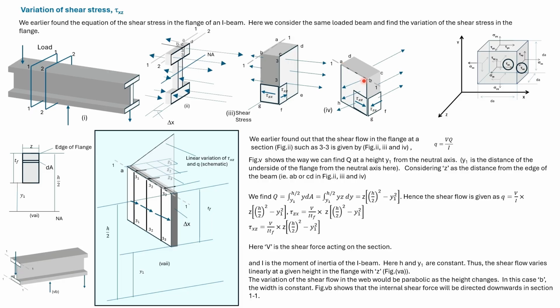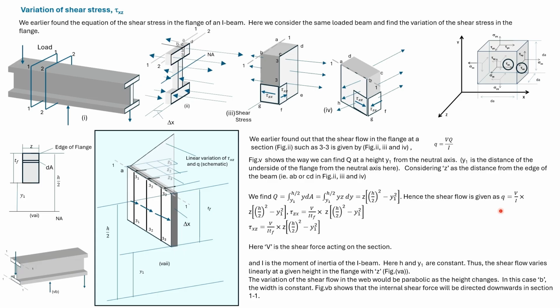The distance AB here is given as z, so we get the integral of y z dy from y1 to h by 2. Hence, capital Q is given by this expression. Shear flow is VQ divided by I, so shear flow is given by this expression.